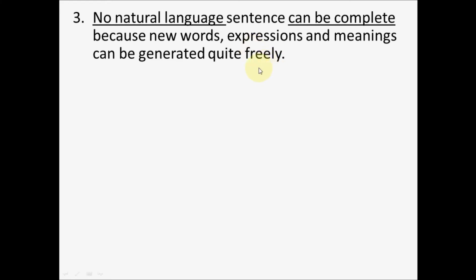As a result, for a machine to keep track of every day's new additions in the lexicon of English, and to utilize it for its processing becomes very difficult. So this is the third and the most important difficulty.